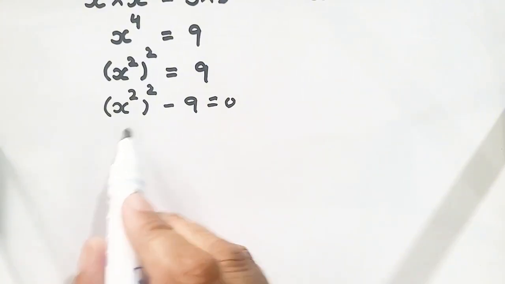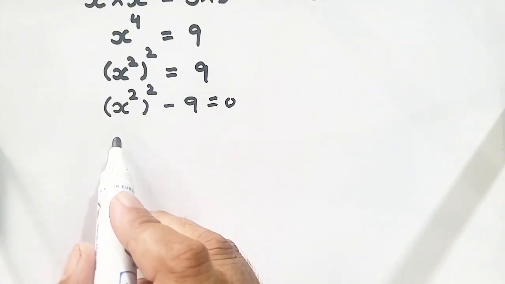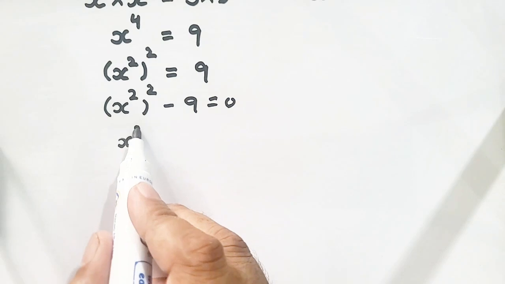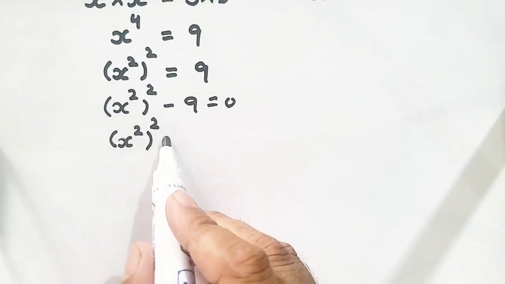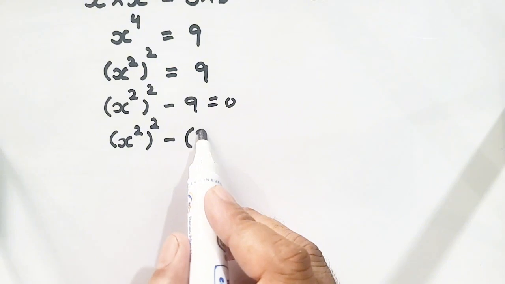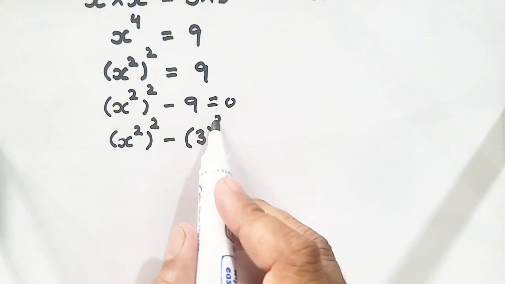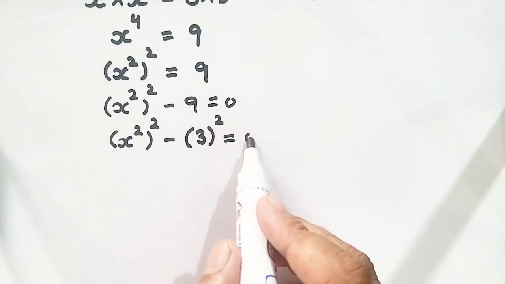Now we make 9 as a square, so x squared whole squared minus 3 squared is equal to 0.